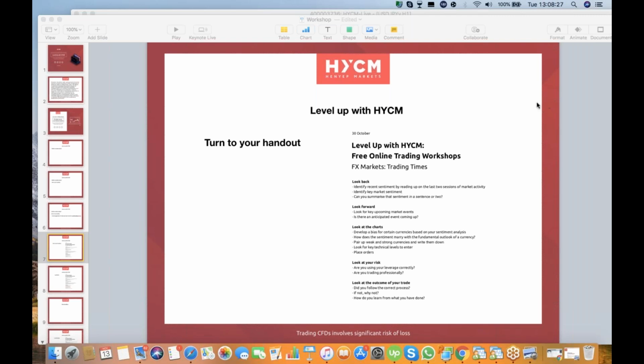If you can put it in the question panel, that would be really good, just to see a sense of whether you're understanding what's going on. What's been the key theme running through the London session that we're just about to finish, the morning London session?